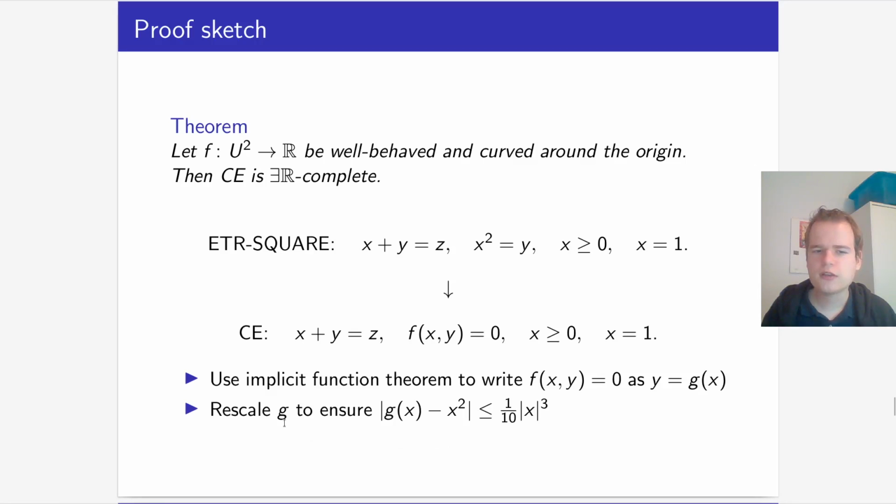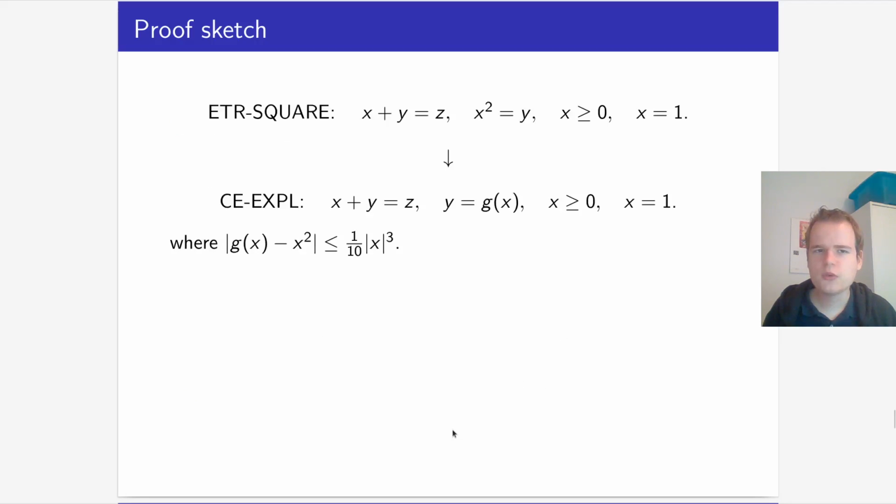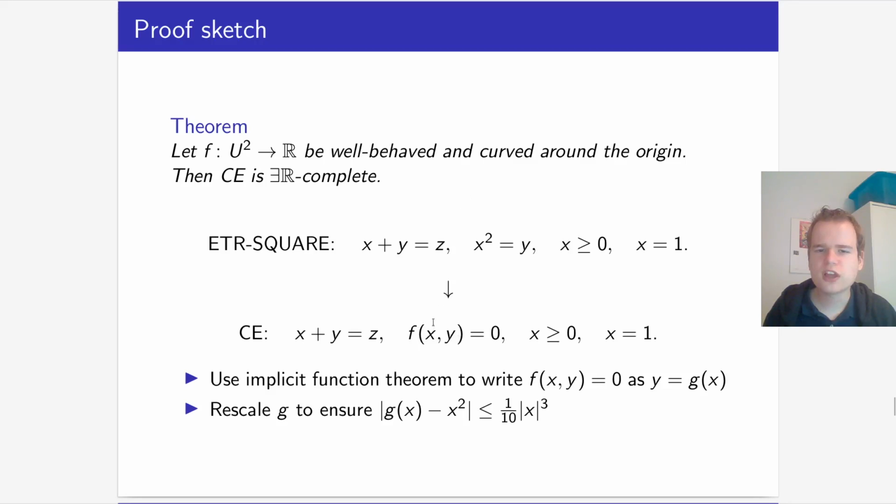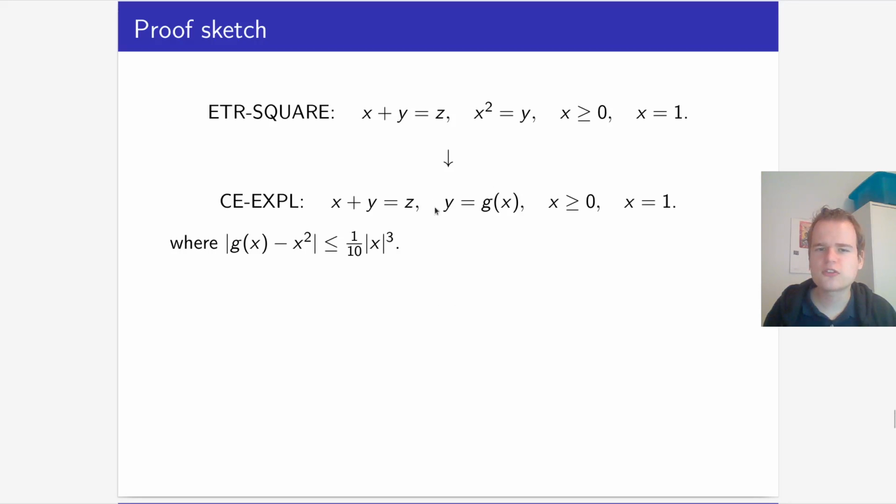By subtracting some linear polynomial from g and rescaling it a bit, we can ensure that this g very closely resembles squaring. In this way we get this equivalent problem, CE explicit, where the implicit constraint from the previous slide is now replaced by a constraint of the form y equals g of x, where this g is scaled in such a way that it very closely resembles squaring.